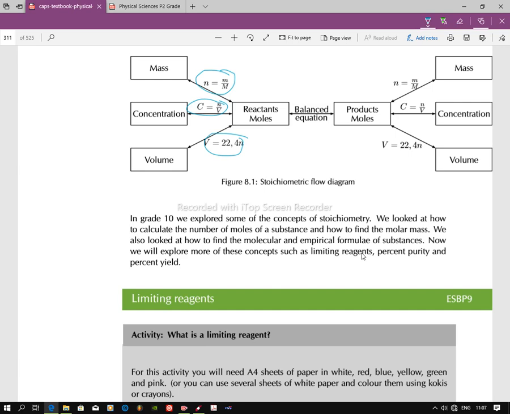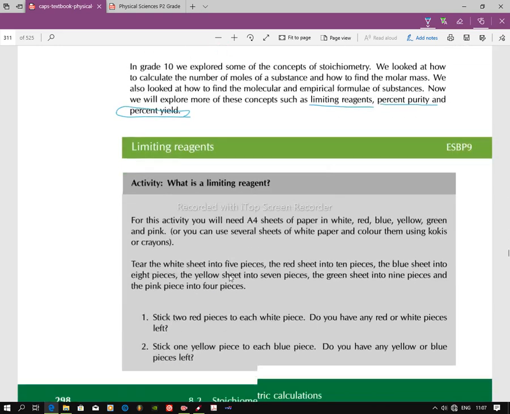And now we will explore more of this concept, such as limiting reagents, percentage purity, and percentage yield. So those are the concepts that we are going to focus on.